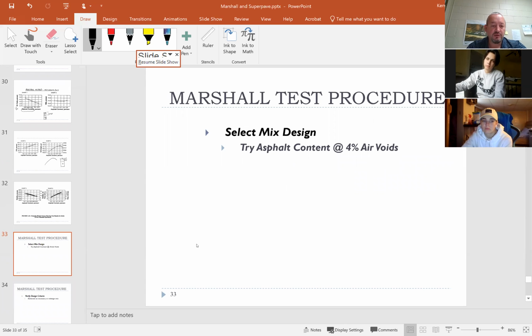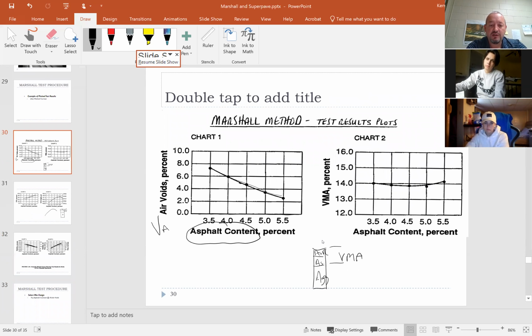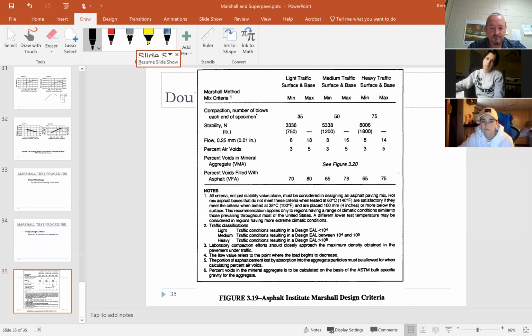All right, so here's what we do. We go back to the very first slide, and we take an air voids content of 4%, and we pick up an optimum asphalt content. In this case, maybe it's 4.7. Then we have criteria based on something like this.